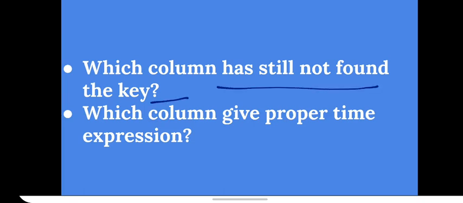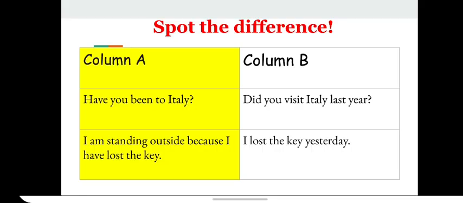So from which column has he still not found the key? Is it column A or is it column B? It's column A because it says that he has lost the key and he's standing outside, right? Here in column B, it says he lost the key yesterday.